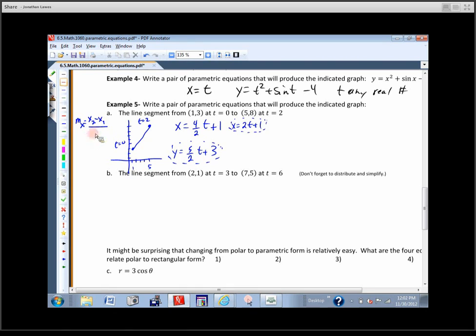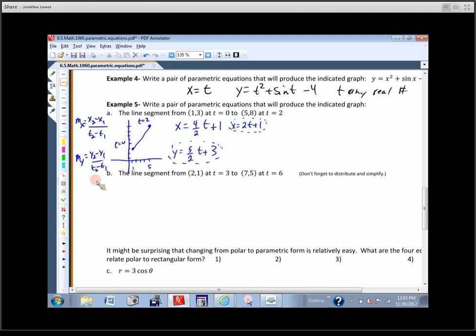So I'm going to do t2 minus t1. Now, if I want to set up an equation for the slope of y, what would this rate of change be? It's going to be y2 minus y1 over t2 minus t1. Notice the bottom is the same because they both depend on the same parameter. Any questions?